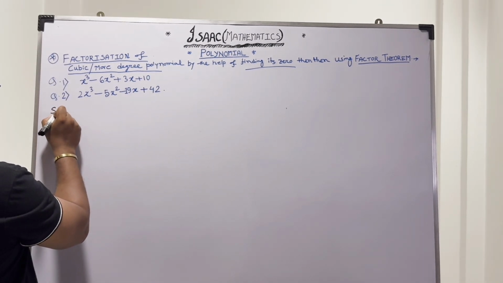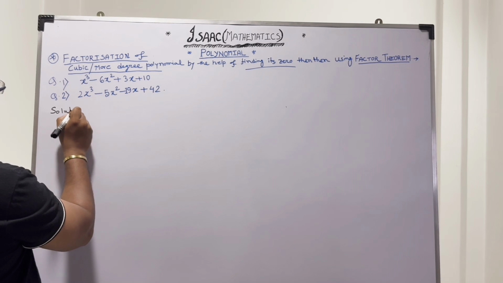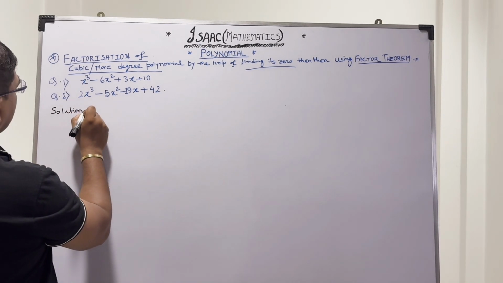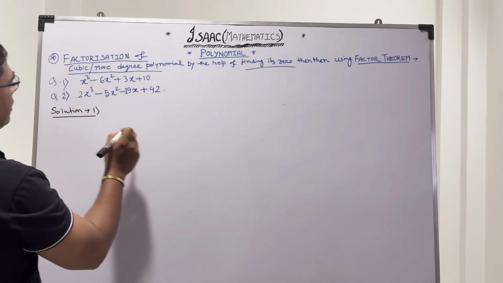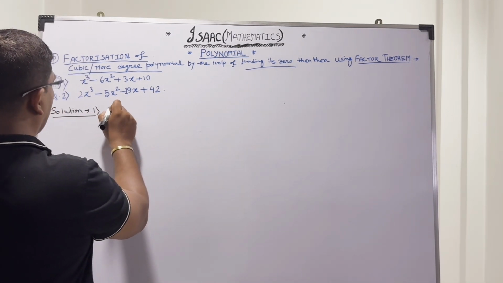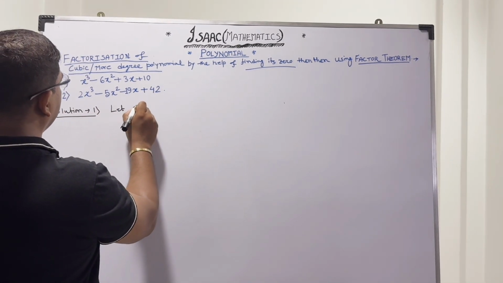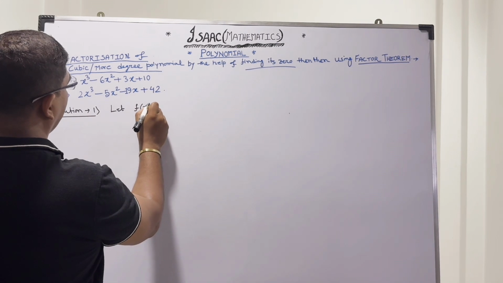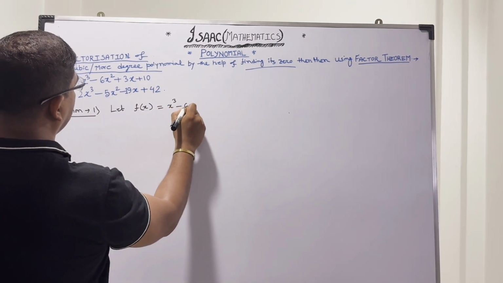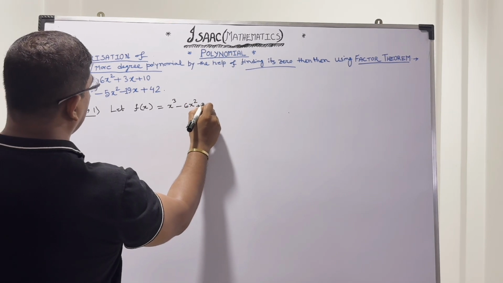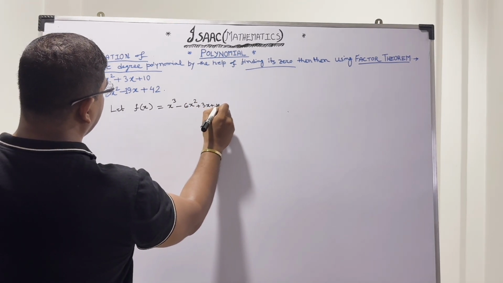Solution 1. So first of all, we let this polynomial be f of x. So f of x equals x cube minus 6x square plus 3x plus 10.